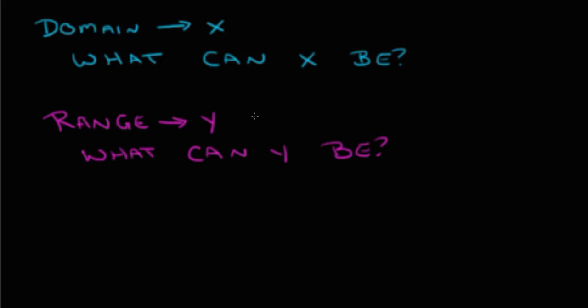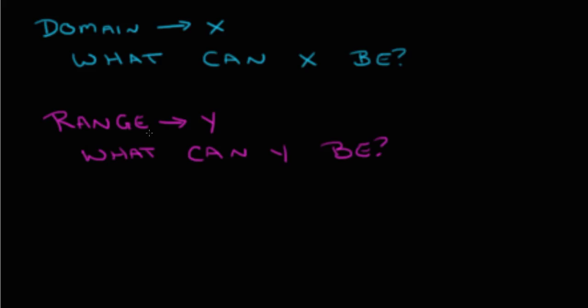And what is really being asked is, for a function, if you're asked about the domain of the function, that is concerned with x, or the independent variable. Basically what they're asking is, what can x be? Are there any restrictions on what the value of x can be? And I'll give you an example here so you can see exactly what we're talking about.